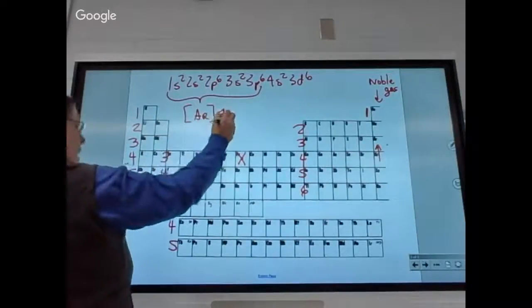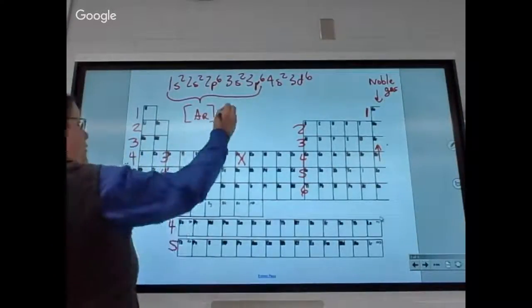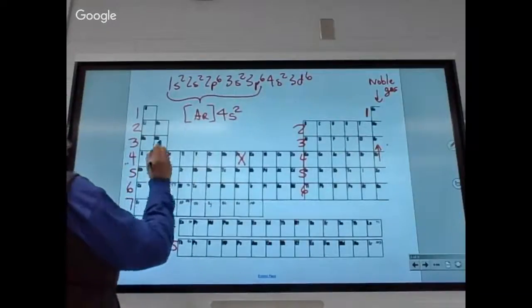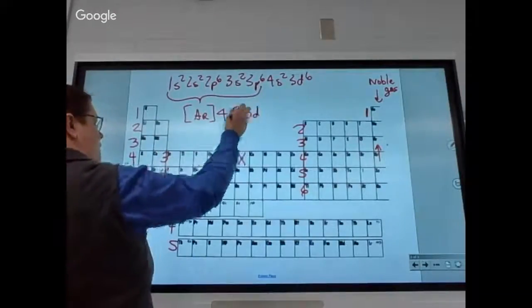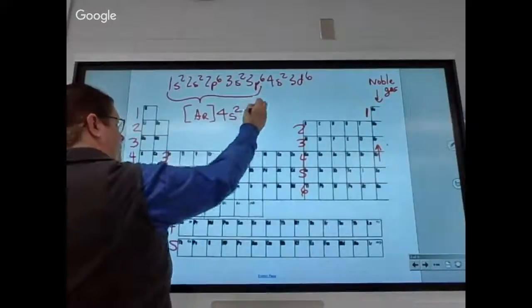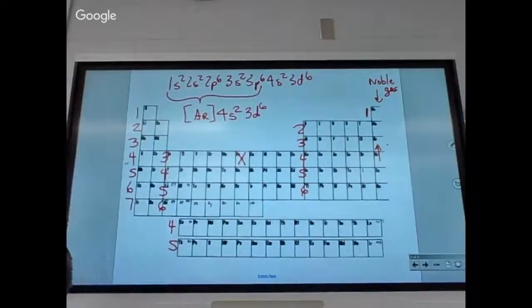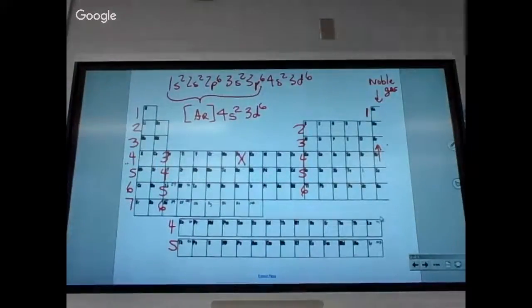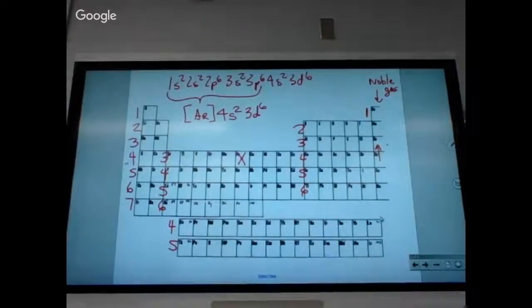What block? S. How many elements? 4s2, 3d6, and we're done. That's all we did. Argon in brackets covers all of the configuration up through the argon. All you have to do is bring those down.